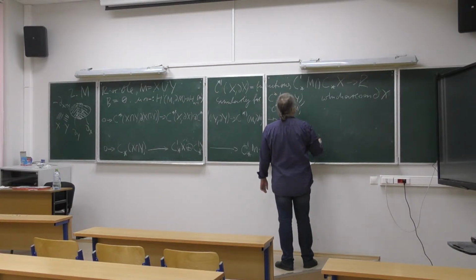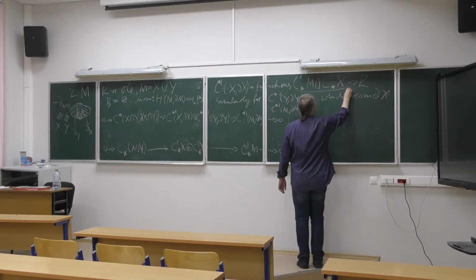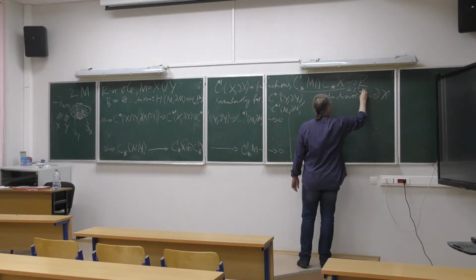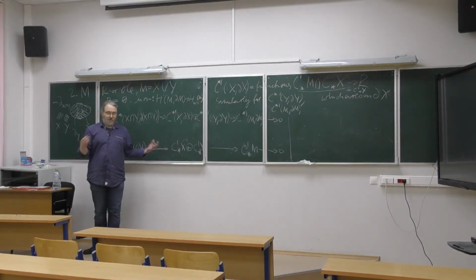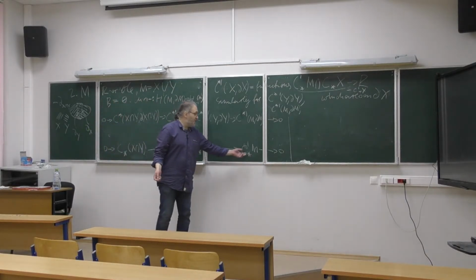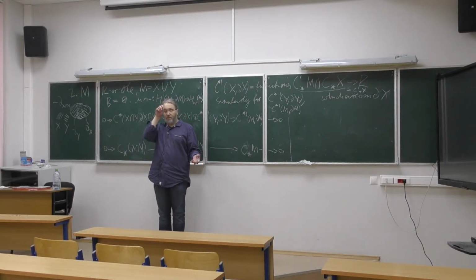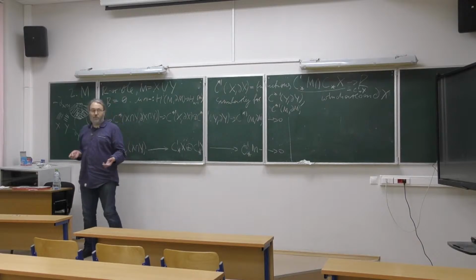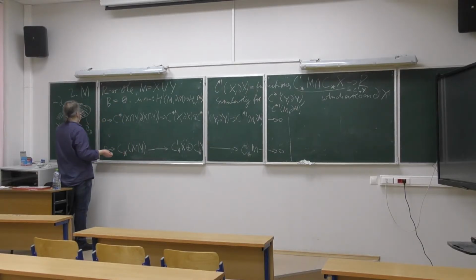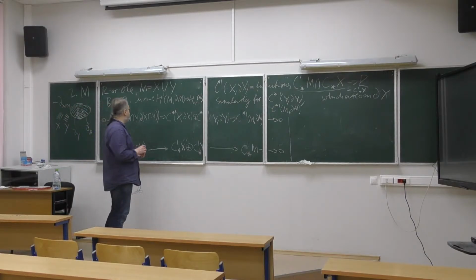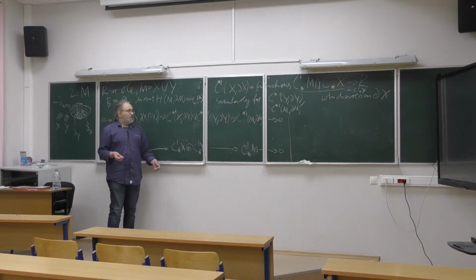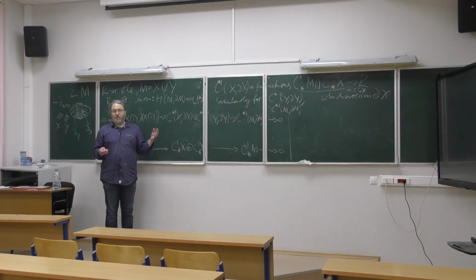Well, C prime of x is simply this. And C prime of y is defined in the same way. C prime of m is something we already have defined. Meaning we take only simplices which either belong to the intersection or to this bit or to this bit. So we have two long exact sequences of the Mayer-Vietoris type.